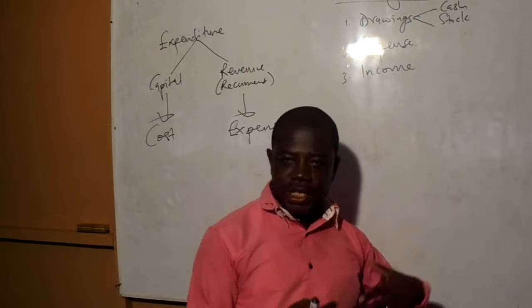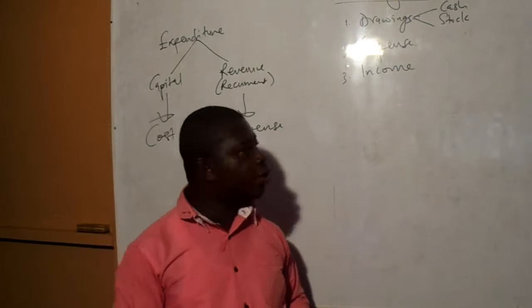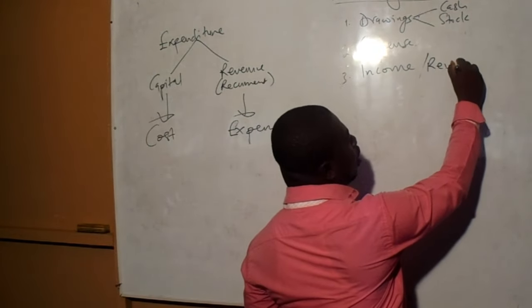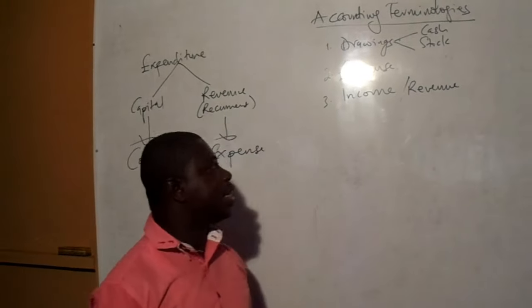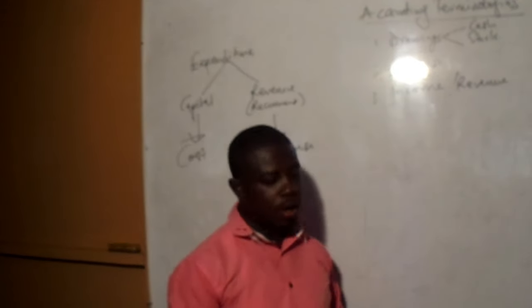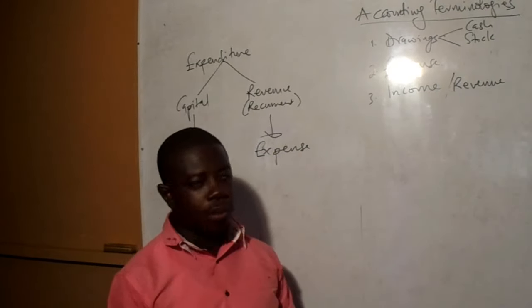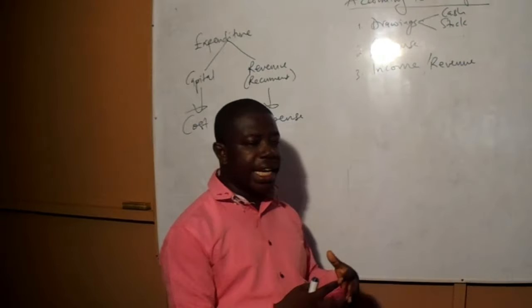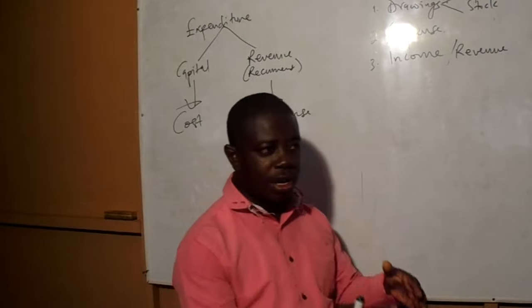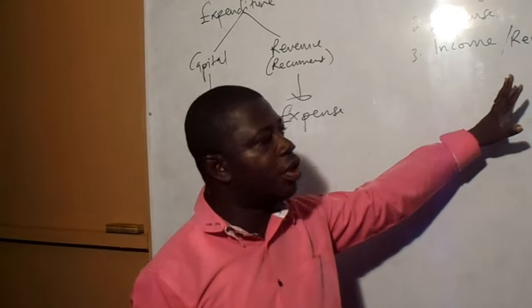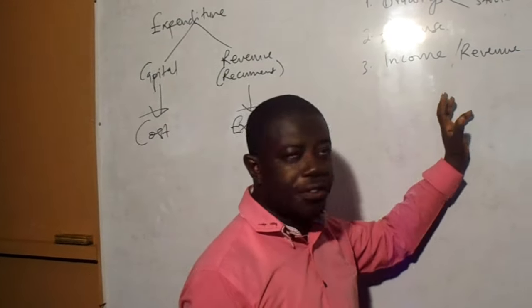The proceeds that you get from the sale of goods and the provision of services. Of course, revenue is also sometimes used interchangeably with income. Revenue also refers to what you get from your normal trading activity, the income that you generate from your normal trading activity. But there are some incomes that are not part of your main revenue stream. And so let's try and know the difference.